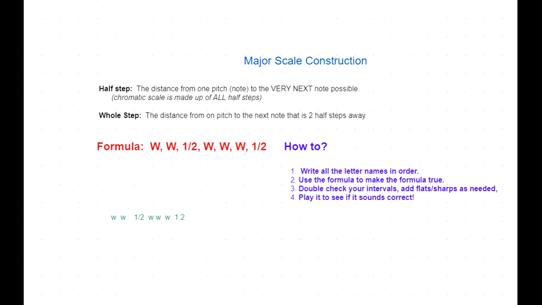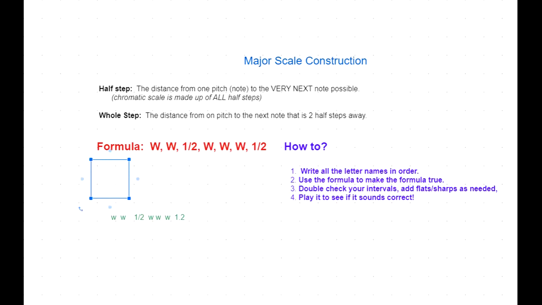We're going to try a sharp key this time. Let's try D major. So we're going to need D major. First thing we do, write down all the letter names in order.